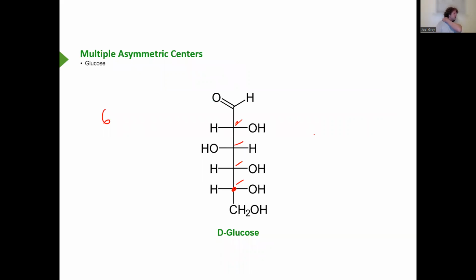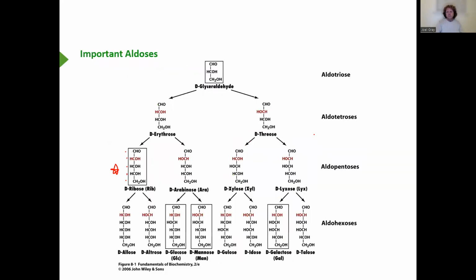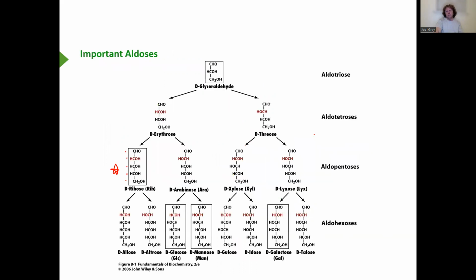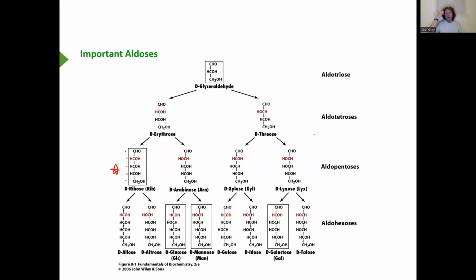But then we brought up some new content. For instance, we gave a unique term to a new asymmetric center, an anomeric carbon. I asked you to know a total of 5 specific aldoses. But with that said, if I gave you the structure of allose, I would want you to tell me something about allose and what that structure is with respect to glucose.